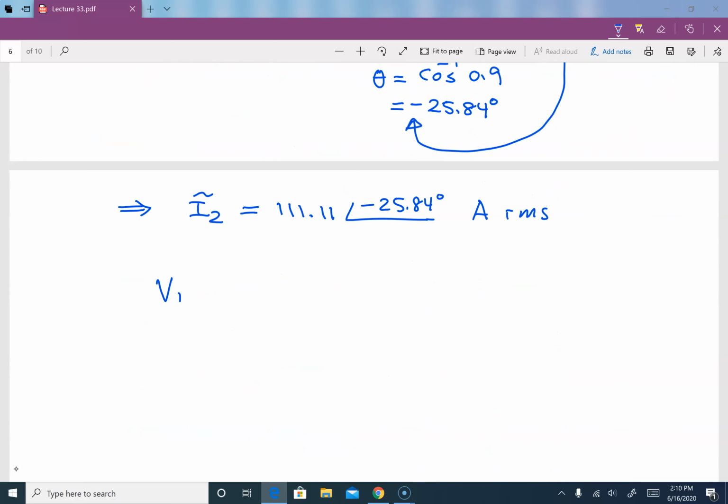So V1 is equal to VL plus (0.03 + j0.1) times I2.